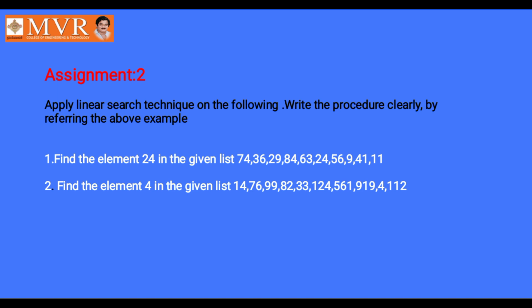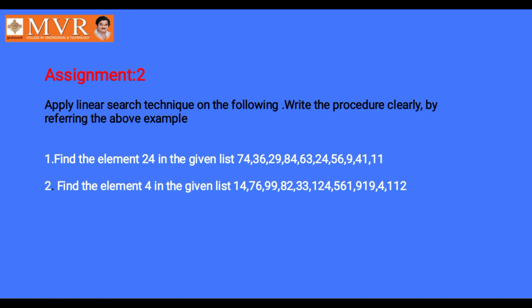Now this is an assignment for you. Apply the linear search technique on the following list. I have given two problems. In the first one I have to search the element 24 in the given list of 10 elements.